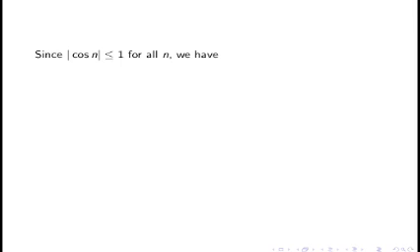And we know that the absolute value of cosine n is less than or equal to 1 for all n. And so we have the absolute value of cosine n divided by n squared must be less than or equal to 1 divided by n squared. Notice that the n squared is positive, and because of that, we don't change the direction of the inequality.